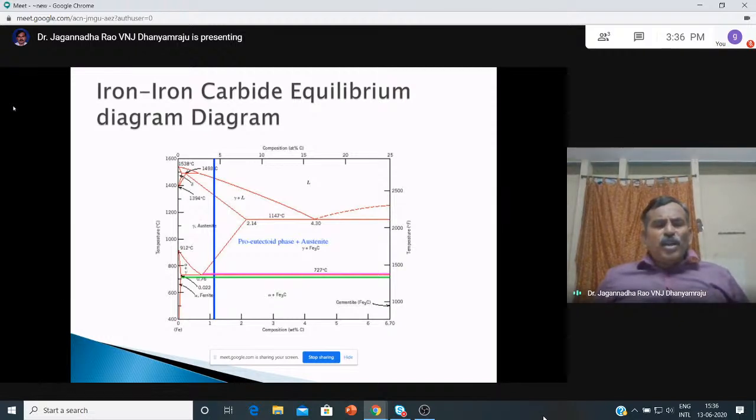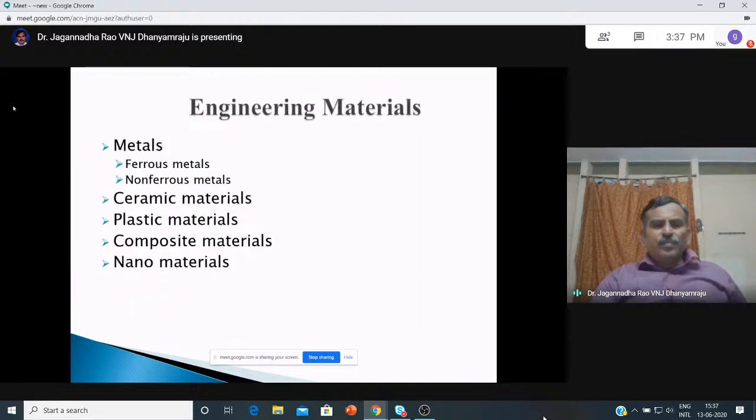And if the carbon content is more than 0.8%, you will get cementite and perlite. Understand? So now, as you move away from the eutectoid point, the eutectoid content will decrease and the proeutectoid content will increase. Okay? That is what I want to convey.